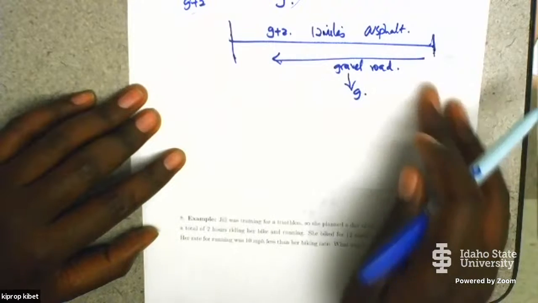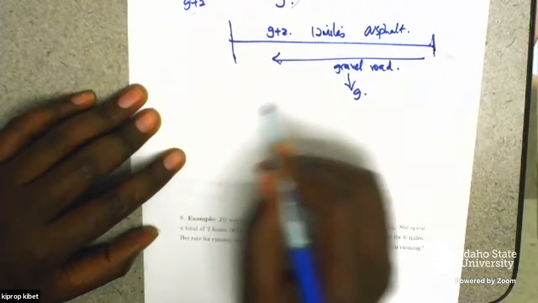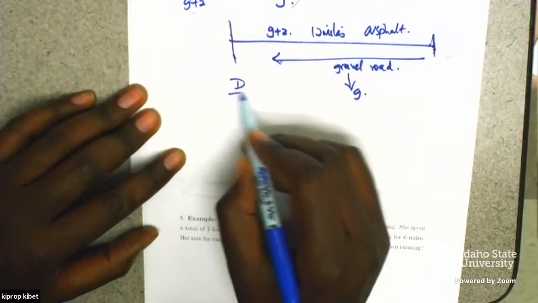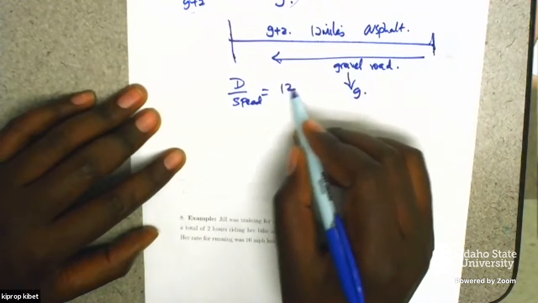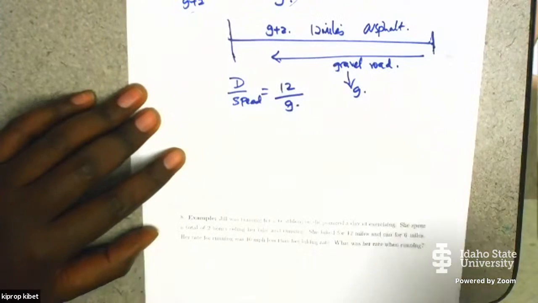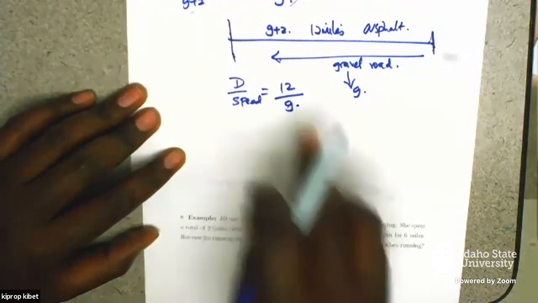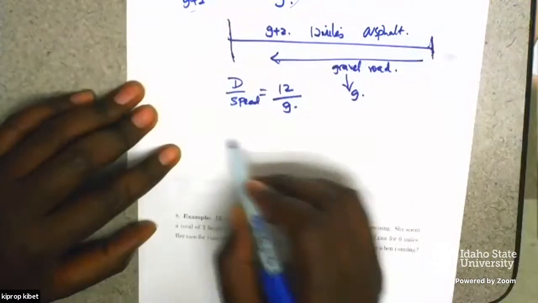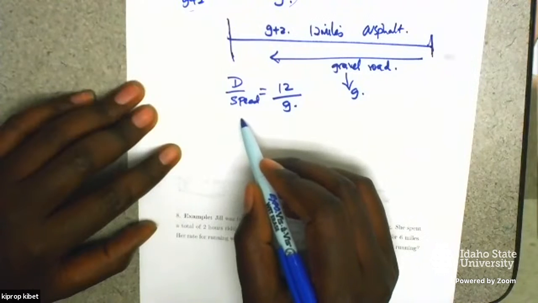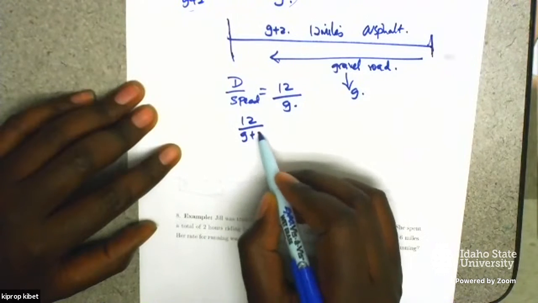Because we know the time from here up to here is the distance all over the speed. And the distance is 12 miles, all over its speed, what? And then again, the time for this point to this point is 12 all over G plus 2.